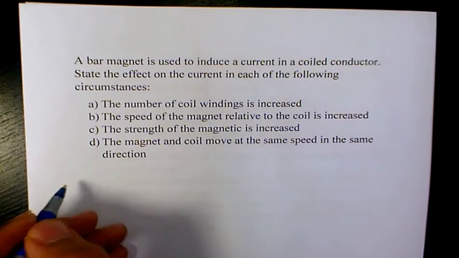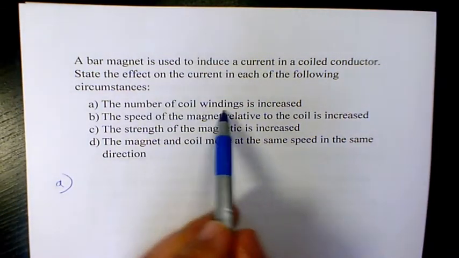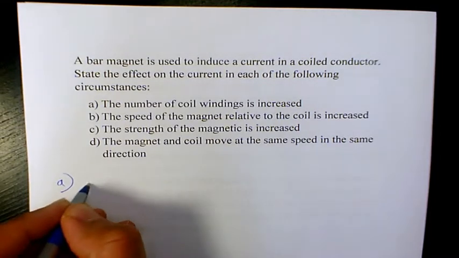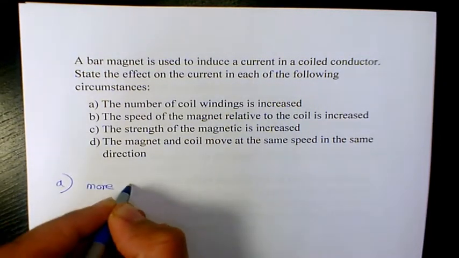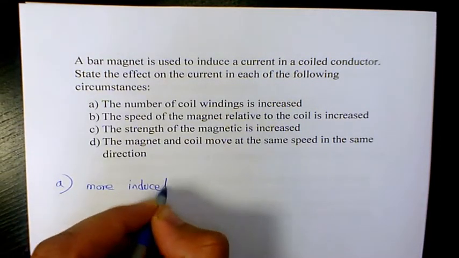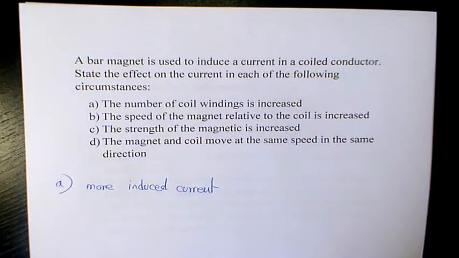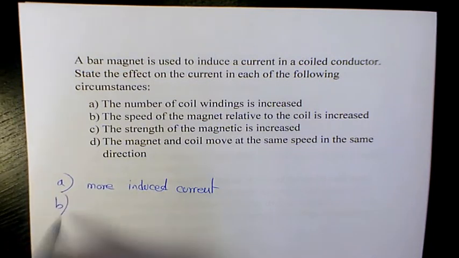So when we increase the coil windings, we're going to have more induced current. Based on the law of electromagnetic induction, when we increase the number of turns in a coil, we're going to have more induced current.